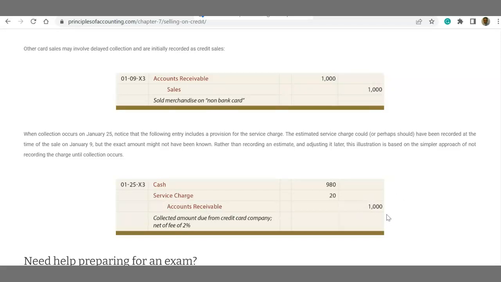So accounts receivable will be closed for the client. You charge his credit card. Technically, the business gets only $980, and $20 will be a service charge for the business because the merchant service will deduct $20 because of that credit card transaction.